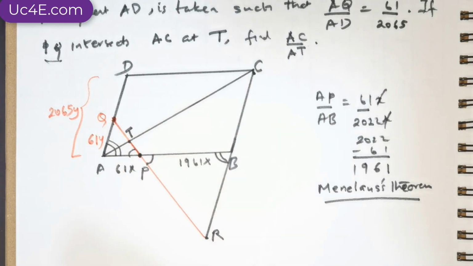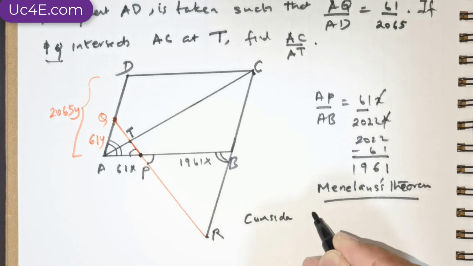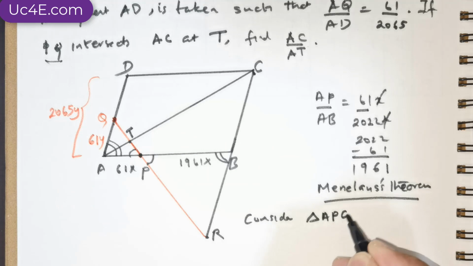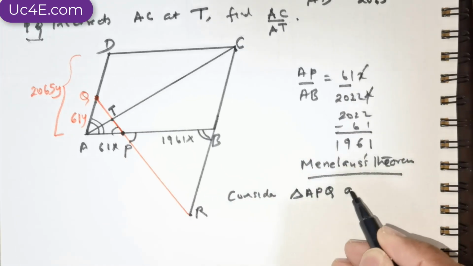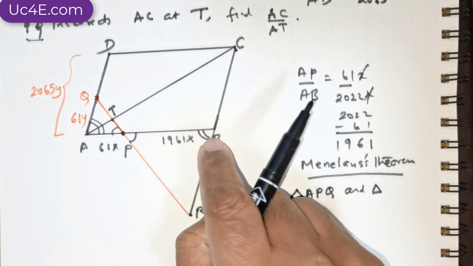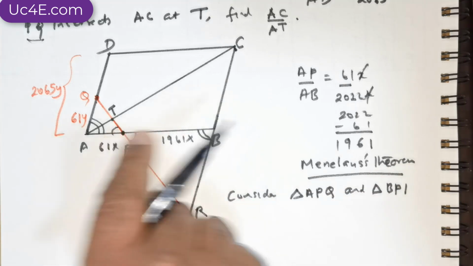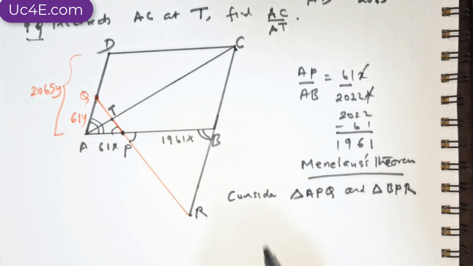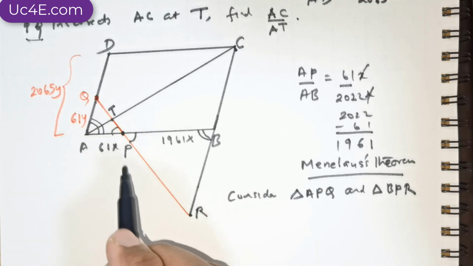So now if I were to consider triangle APQ and triangle BPR, clearly you can see that these two triangles are similar.